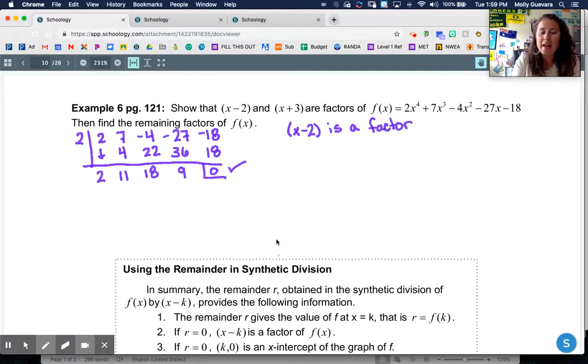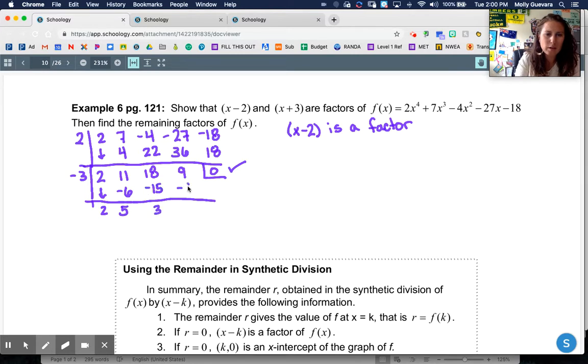Okay, and then what's super cool is that I can actually just go ahead and divide again, right? But this time I'm going to divide by my next factor, which is negative 3. And I'm just going to do the same thing. The 2 comes down. I'm going to multiply and add. And then multiply and add.